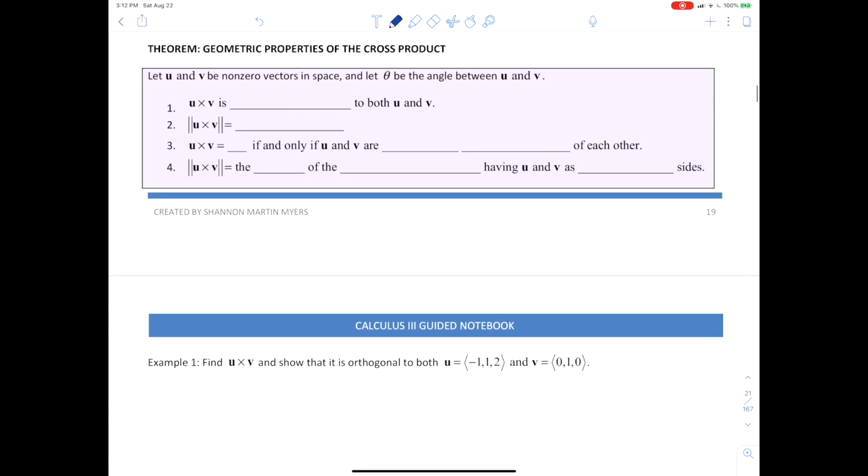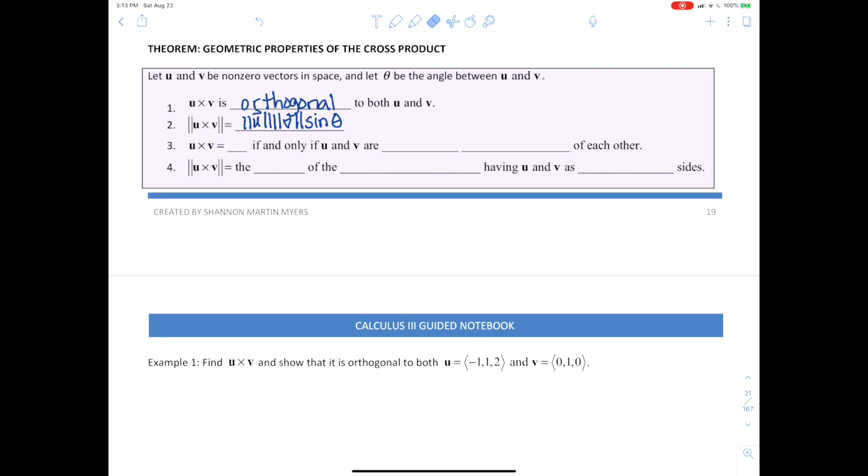Here's some geometric properties of the cross product. Some interesting, cool stuff here. U and V are non-zero vectors in space, and theta is the angle between U and V. Turns out that U cross V is orthogonal to both U and V. The magnitude of U cross V is the magnitude of U times the magnitude of V times sine theta.